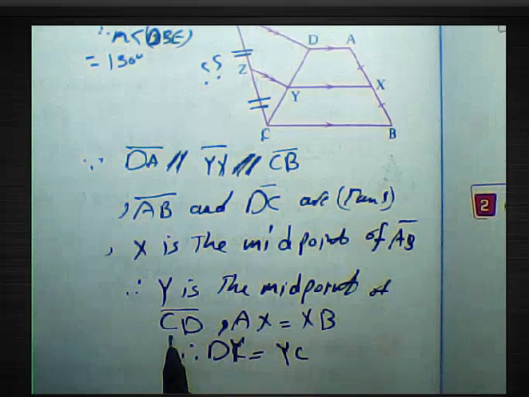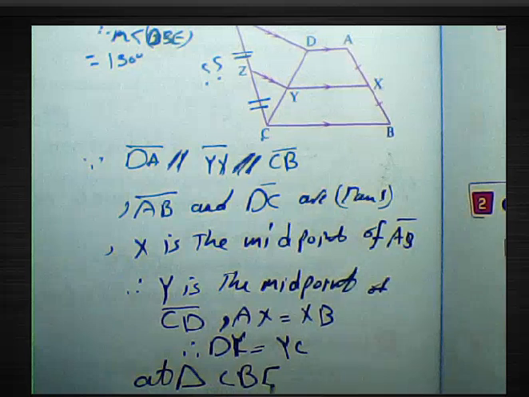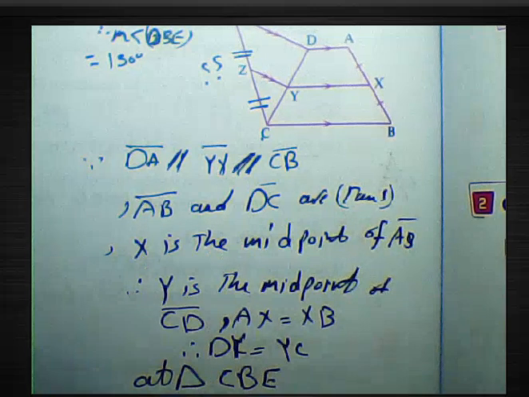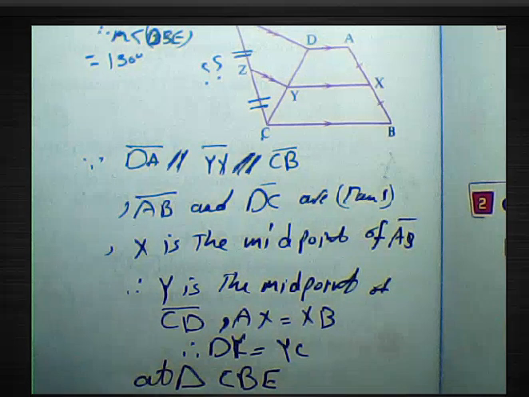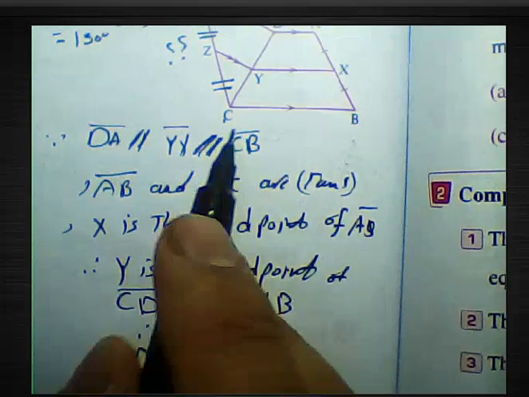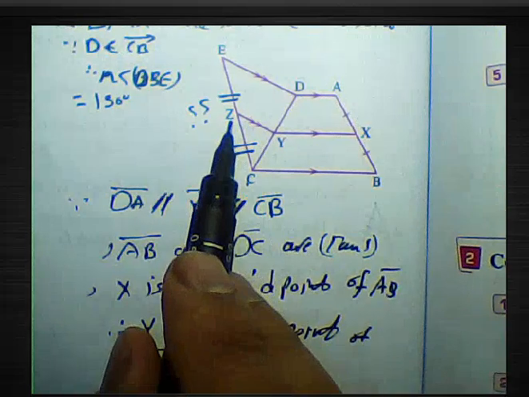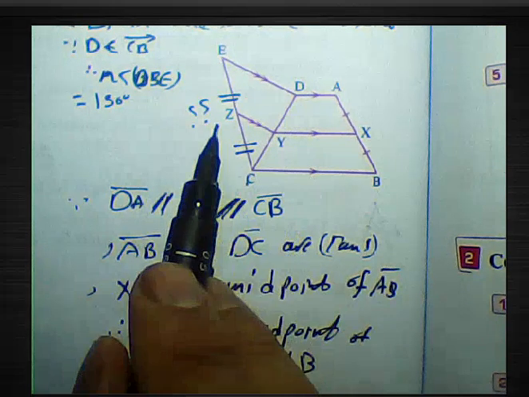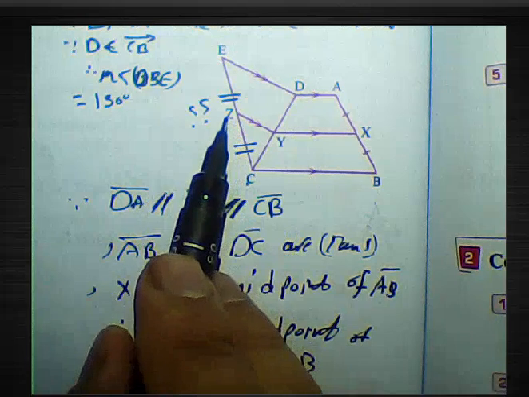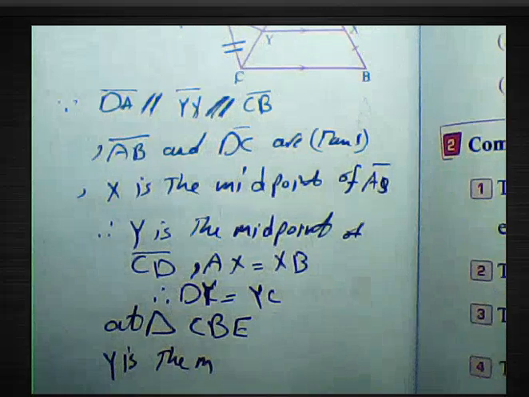Okay, in triangle CDE, Y is the midpoint of CD, and ZY is parallel to ED, then Z lies at the midpoint of EC.